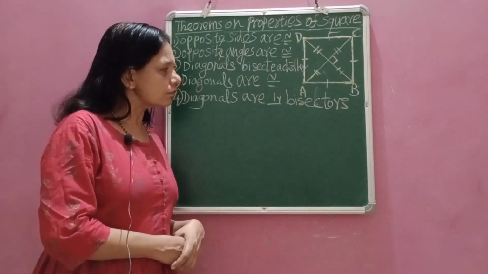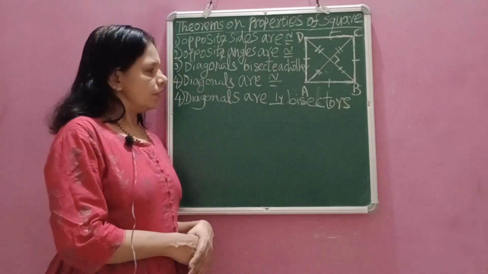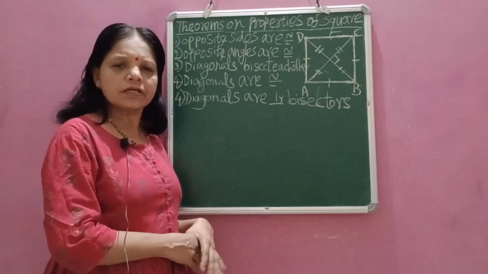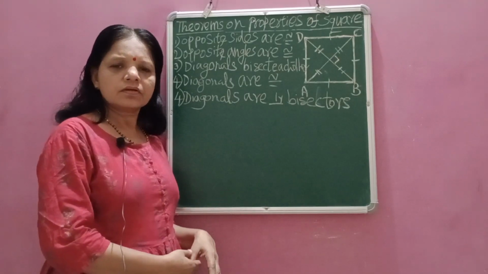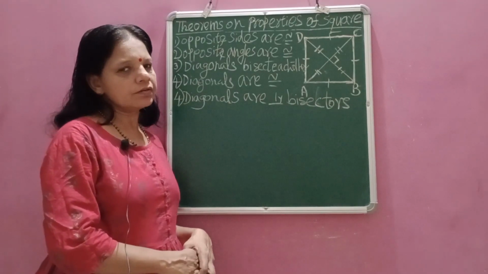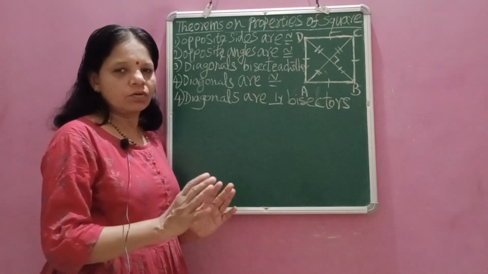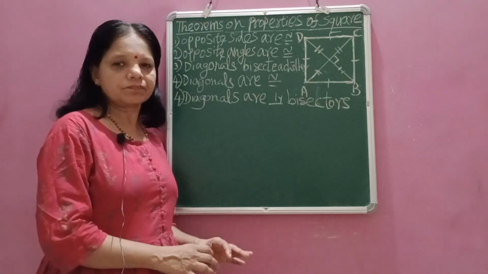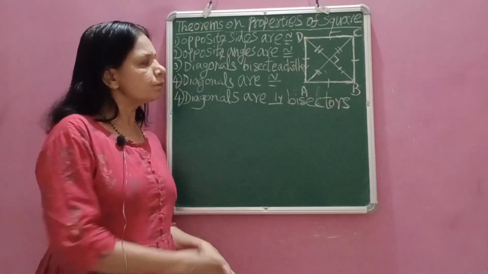But only this we can say. If diagonals are congruent and perpendicular bisectors, then the quadrilateral is a square. If diagonals are congruent also, perpendicular bisectors also, then it is a square. That we can prove.